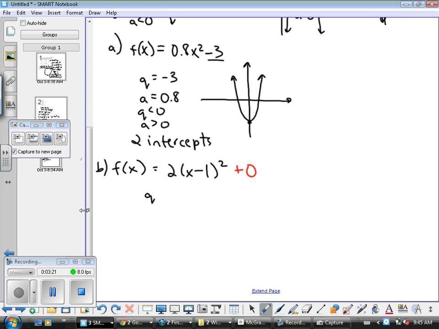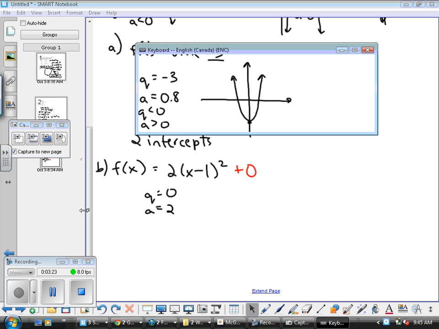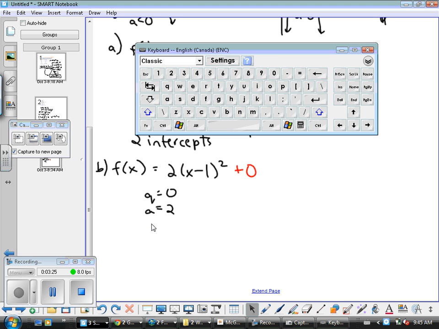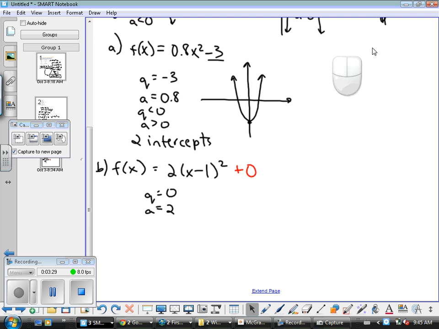So we have q equal to 0, and a equals 2, so we have a greater than 0. To do our little sketch, we can say that q is 0, so it's right here on the x-axis, and it's going to be opening up. Doesn't really affect how many intercepts we have, though, because if q is on the x-axis, then we're going to have 1 intercept.